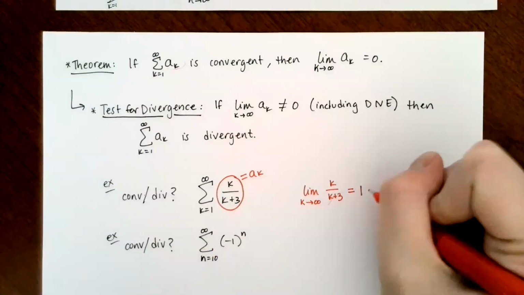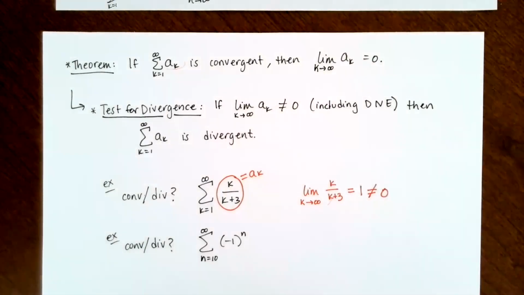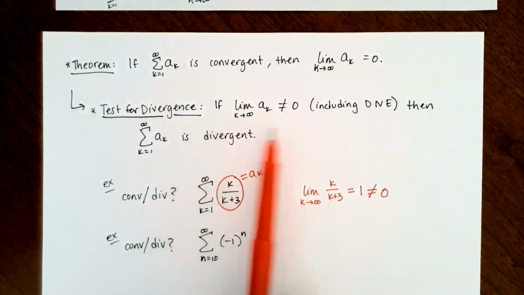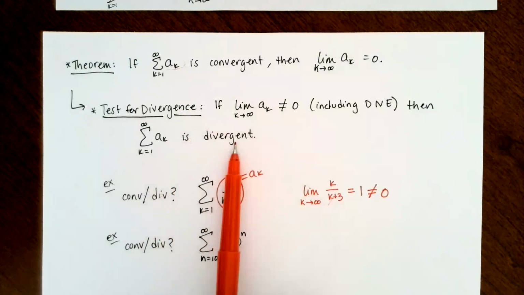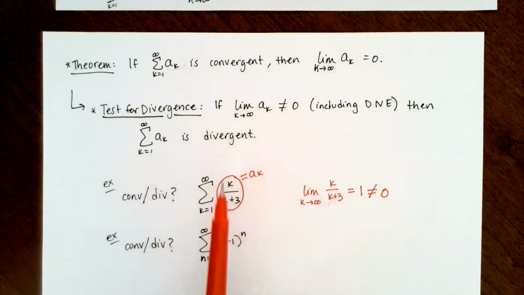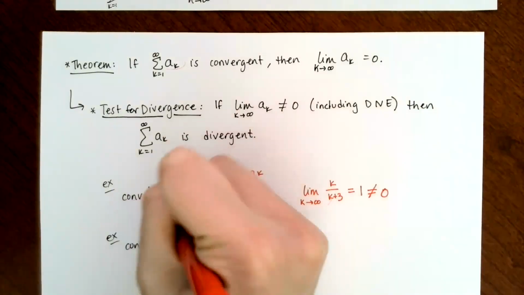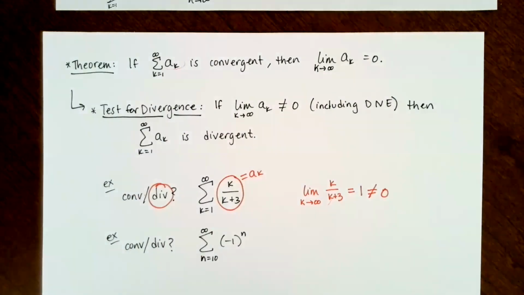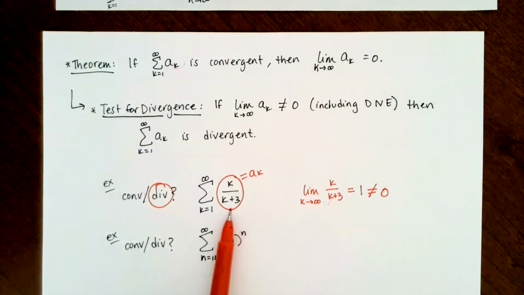But because this comes out to not 0, the divergence test says the series of these numbers is divergent. So our choice here is that this series is divergent, even though the sequence of terms is convergent. Essentially, if these terms are headed to 1, as you keep adding stuff up, you're doing 1 plus 1 plus 1 plus 1, which is going to grow and grow and grow.